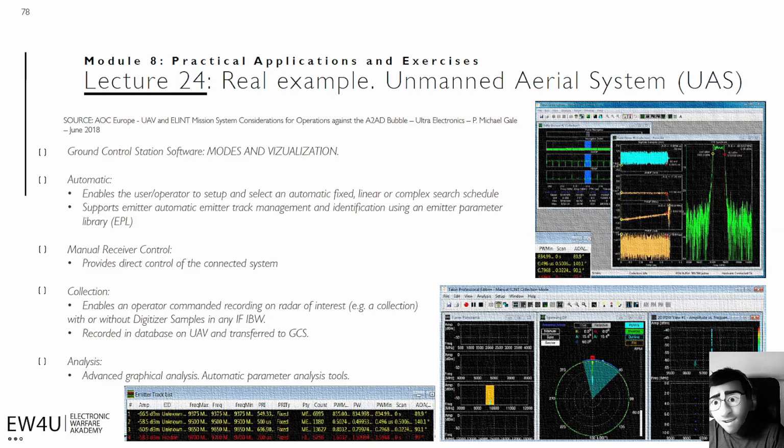I'm not familiar with this specific software, but I have seen something similar. I would say there is so much flexibility when it comes to different windows, different parameters, different ways of visualizing the intercepted signal.